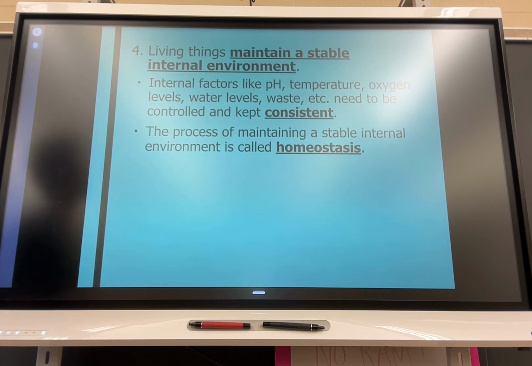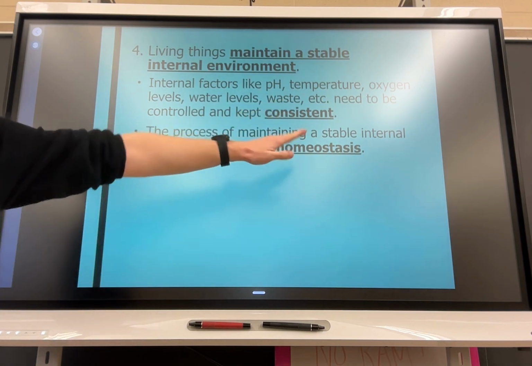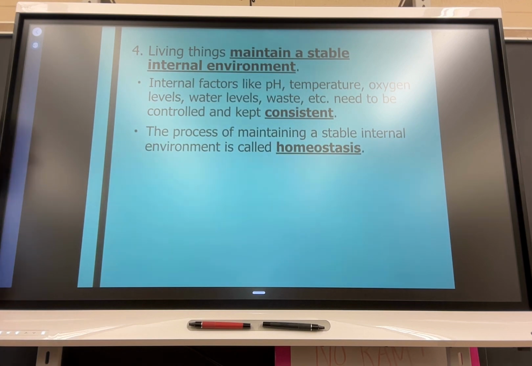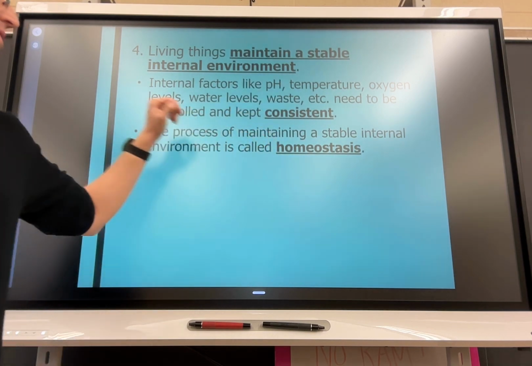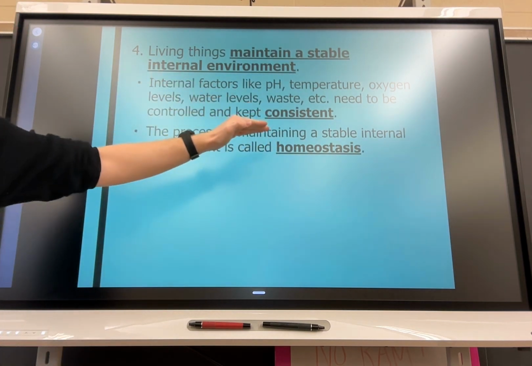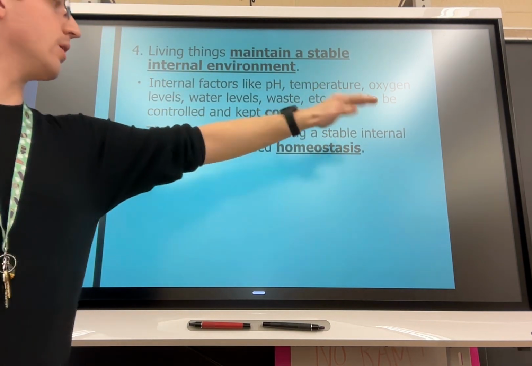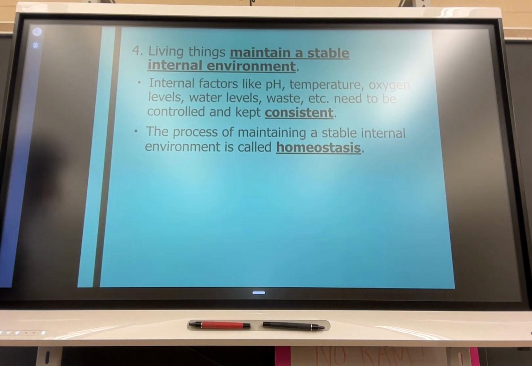So homeostasis is the process of maintaining a stable internal environment. This is a vocab word that you will definitely want to remember because it will pop up many times throughout the semester. So homeostasis is the act or the process of maintaining or keeping a consistent, stable internal environment.